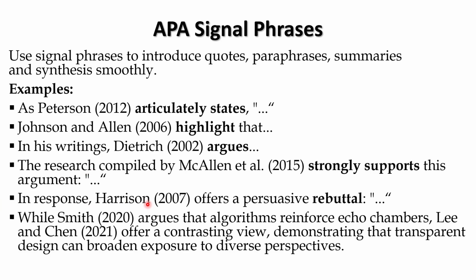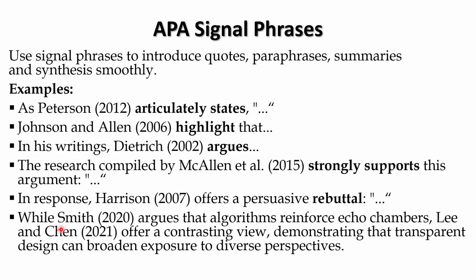In response, Harrison (2007) offers a persuasive rebuttal. This is my favorite kind of signal phrase because it shows conversation. Harrison is responding to someone else, and the phrase "persuasive rebuttal" tells you the writer thinks Harrison makes a convincing counter argument.